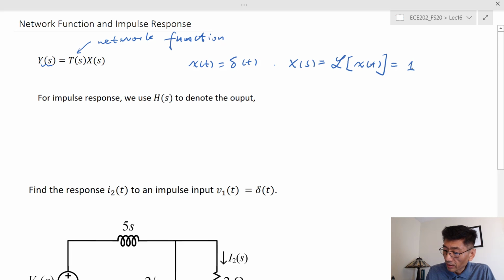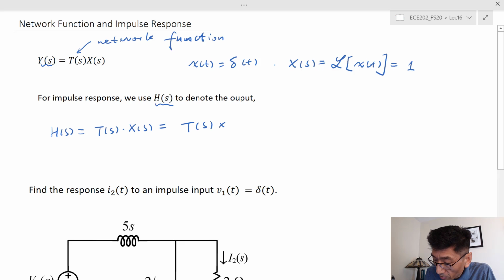And in this case, instead of using Y(s), we use H(s). This is a fairly commonly used notation for the impulse response. So H(s) is T(s) times X(s), which is equal to T(s) times 1, right? Because in this case, the input is the delta function, or the input transform is just 1.